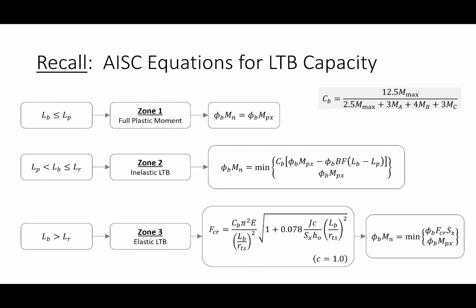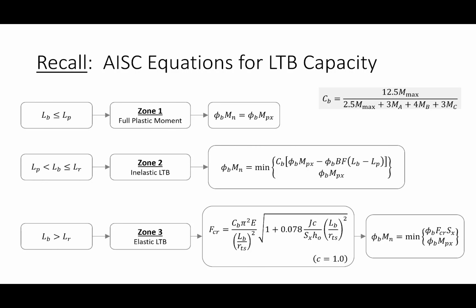If you're in zone 1, you're in full plastic moment land. If you're in zone 2, you're in inelastic buckling. Zone 3, you're in elastic buckling. Zones 2 and 3 both have a cutoff of MP, so both capacities are the minimum of some computed expression and phi MP, because that's your cutoff. CB serves to augment your flexural capacity, but it can't augment it past what we statutorily define as the maximum capacity a beam can withstand, which is phi MP.